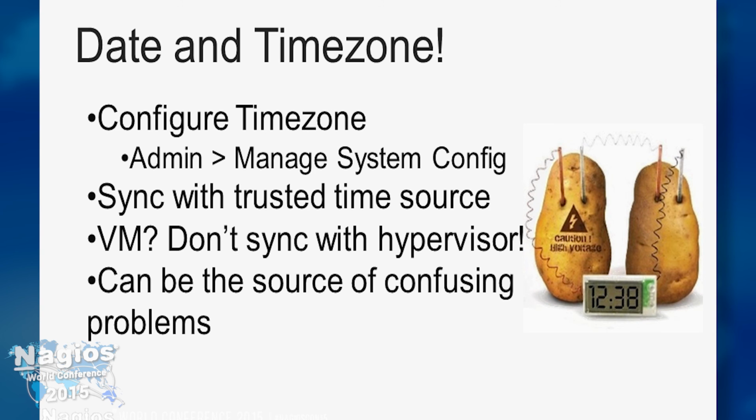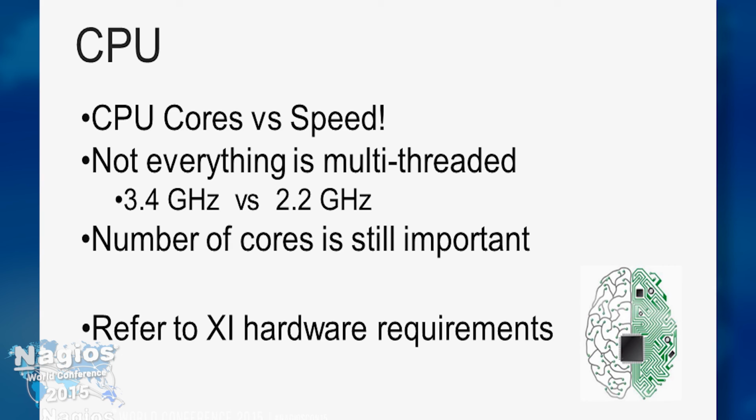So for your physical or virtual XI server, it is important to have the right amount of CPU cores, but also the speed of the cores is quite important in certain situations. XI is built on a lot of different little products, and not all of those products are multi-threaded.